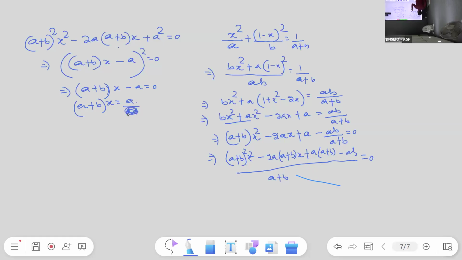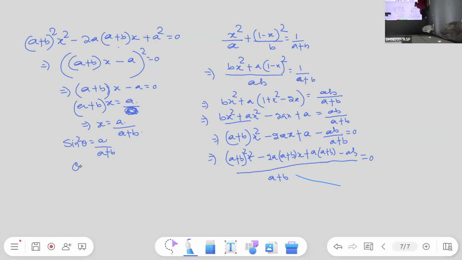Sorry, (a plus b) into x is equal to a. So x is equal to a upon a plus b. What is x? X is our sine square theta. So sine square theta is equal to a upon a plus b.